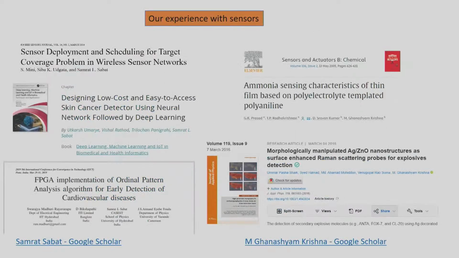We have made some ammonia sensor using polyaniline. We also looked at nanostructures for detection of explosives. Sabat has worked on the signal processing and the early detection of cardiovascular diseases using some electronics. Of course, we can answer questions if you have later.